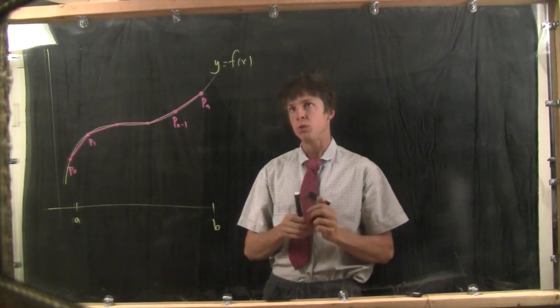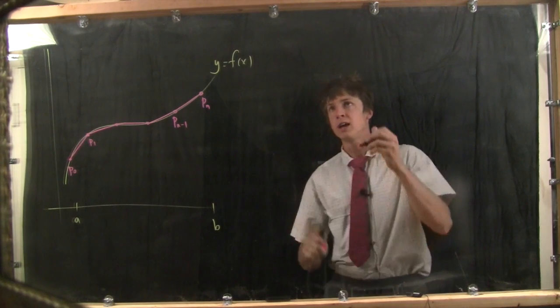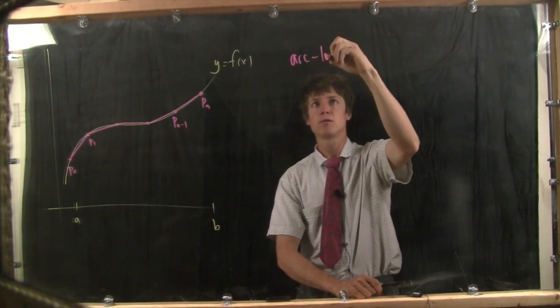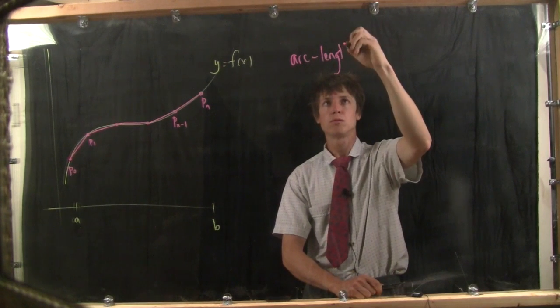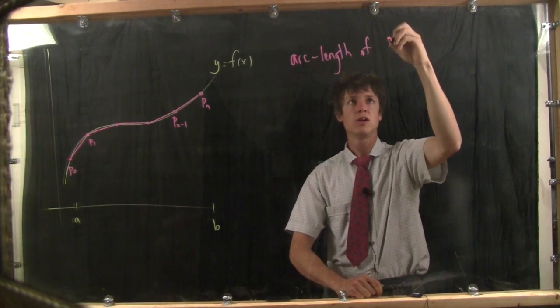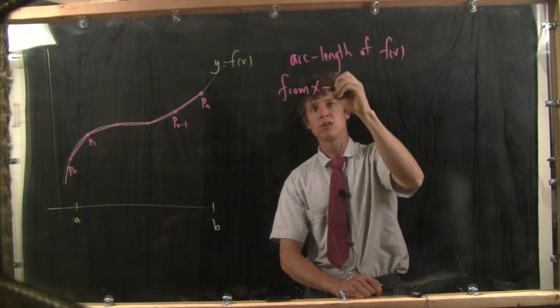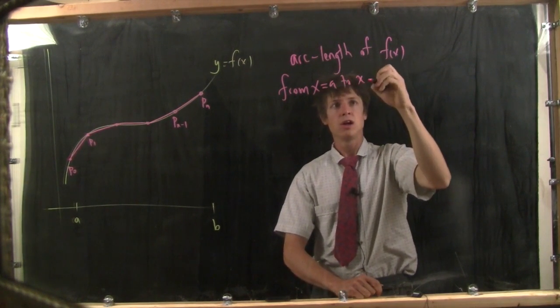So what we're going to do is define the arc length of the function f of x from x equals a to x equals b.